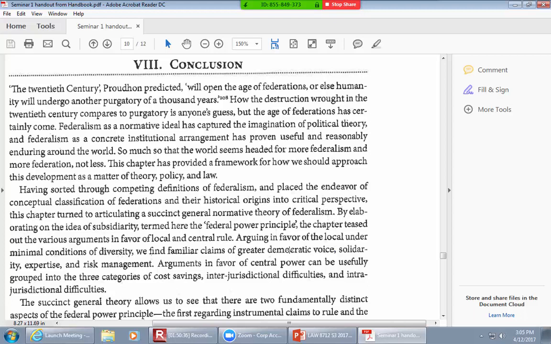So you can link it to that harmony idea between the states, or the intra-jurisdictional difficulties, which is akin or similar to the discussion we had in terms of state competency.